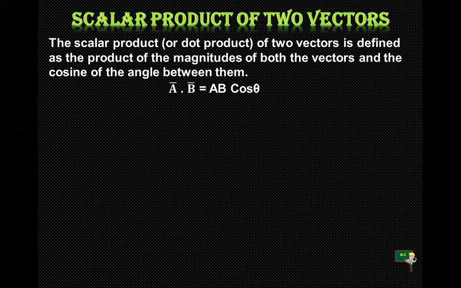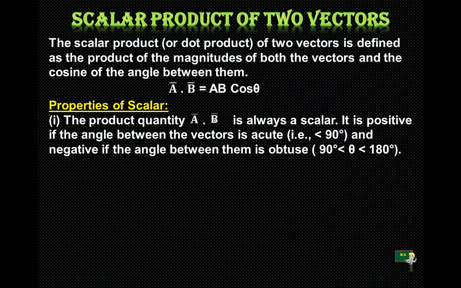That means A vector dot B vector is equal to AB cos theta. If there are two vectors A and B having an angle theta between them, then their scalar product is A dot B, which is equal to AB cos theta.